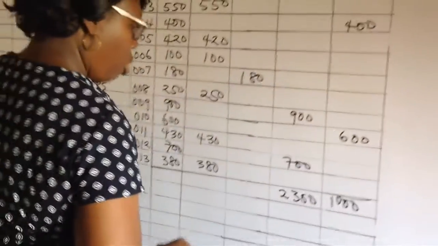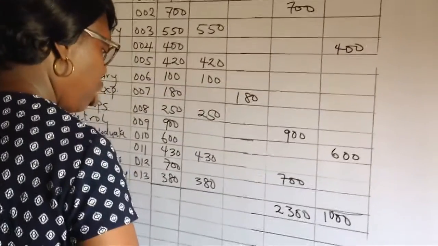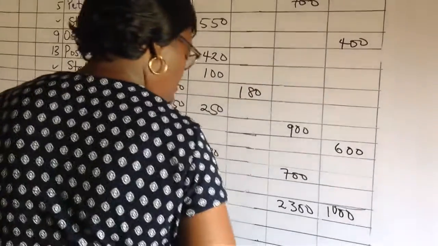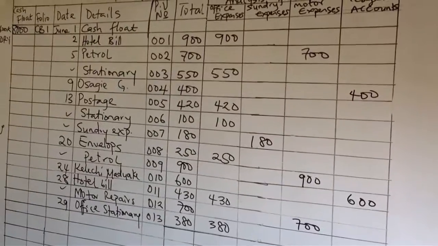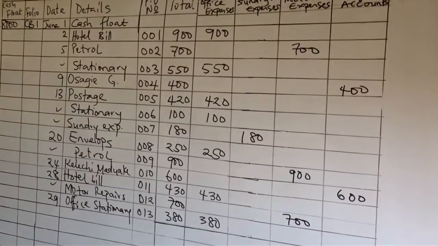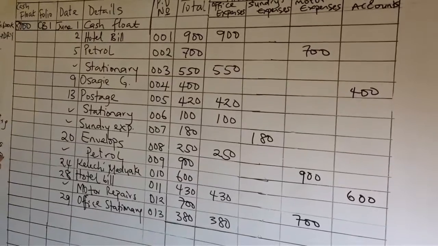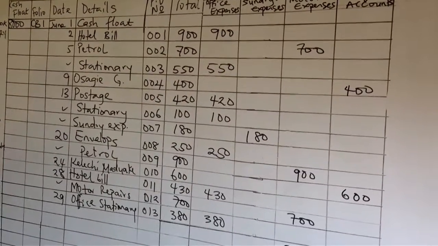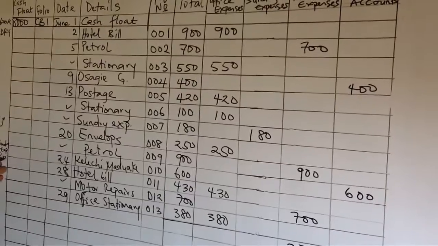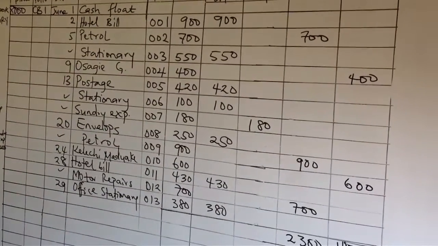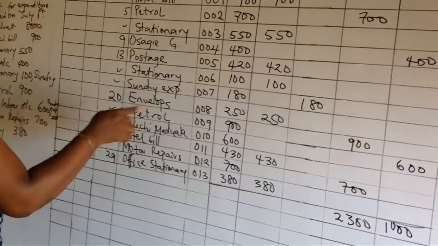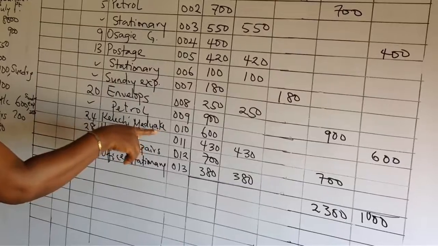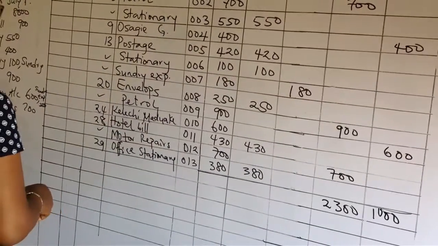Then for your sundry expenses on the 24th. Sundry expenses on the 24th, sundry expenses 220. So on the 24th, there are two transactions on the 24th.